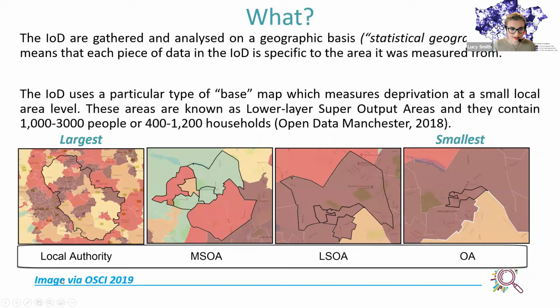So OCSI actually have a really great free resource, the links in the presentation, but you can see the largest level that you would look at in this kind of map is the local authority, down to the middle layer super output area. Then you've got the lower layer super output areas and output areas, which are the smallest.